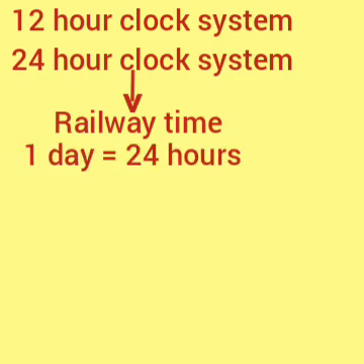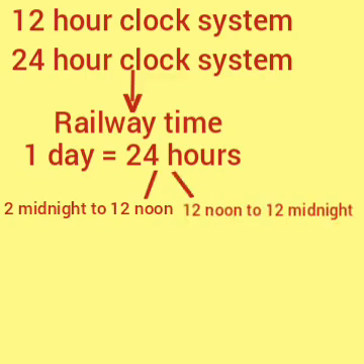In the 12-hour clock system, we divide these 24 hours of the day into two sections, 12 midnight to 12 noon and 12 noon to 12 midnight. The time from 12 midnight to 12 noon is considered antemeridian or AM, and the time from 12 noon to 12 midnight is considered postmeridian or PM.